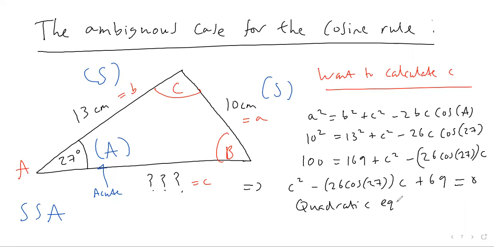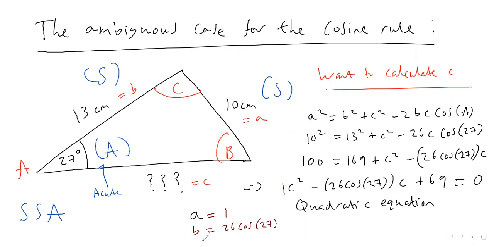Now we can use your graphical calculator to work out the solutions. You can go to your graphical calculator and use the equation solver. We've got a polynomial of degree 2, so that's a quadratic equation, because the highest power of the missing value is 2. Then our a value in terms of the quadratic formula is going to be the number 1, because we've got a 1c squared there. Our b value would be this 26 cos 27 value, because that's the coefficient of the c.